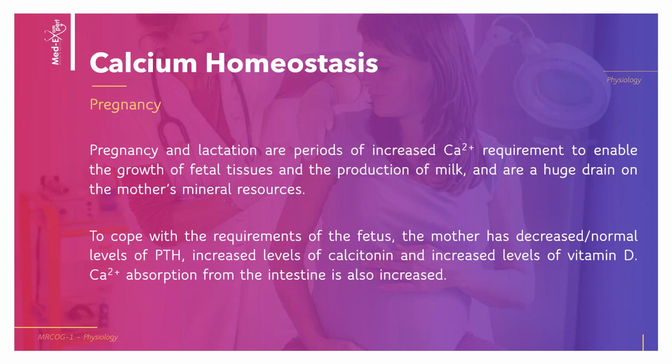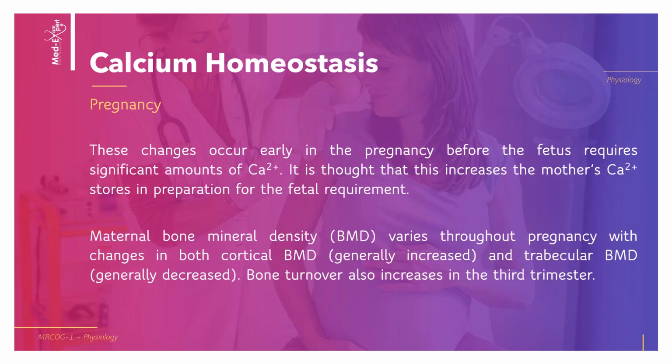So in pregnancy there is an increased level of vitamin D and also an increased level of calcitonin. These changes occur early in pregnancy in preparation for the fetal requirement.